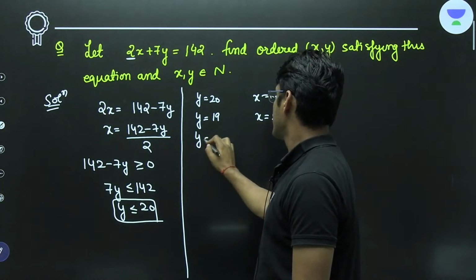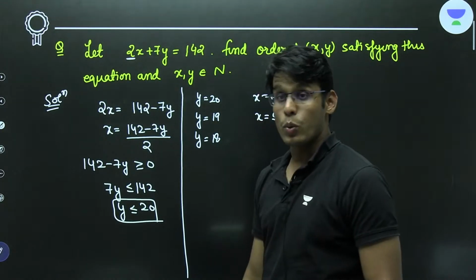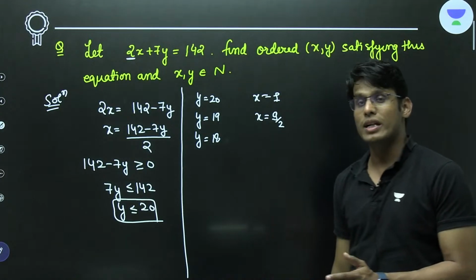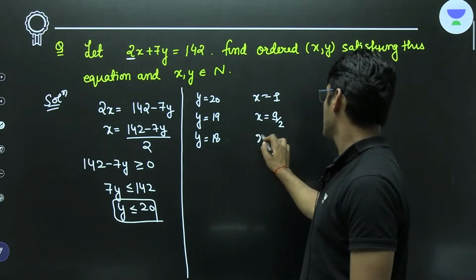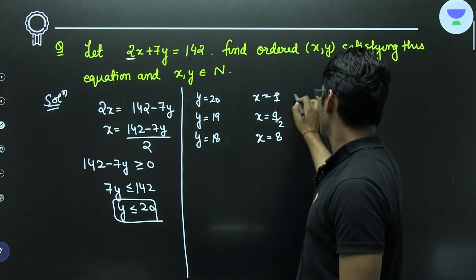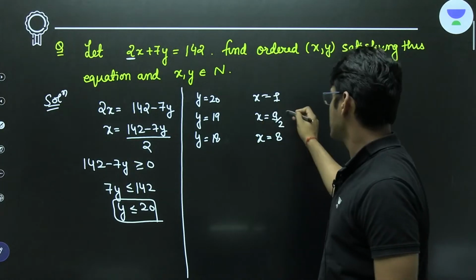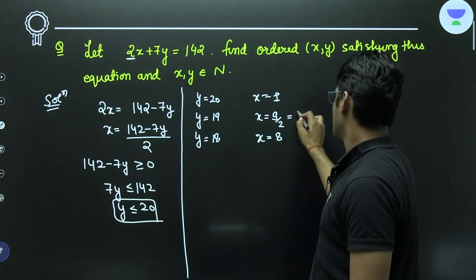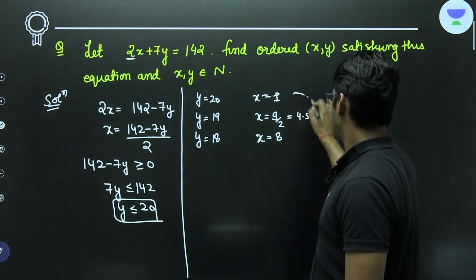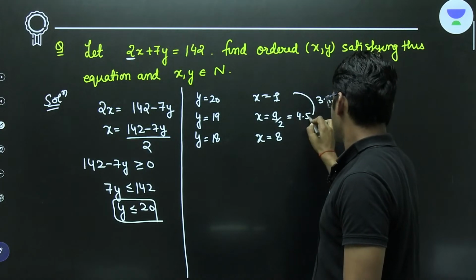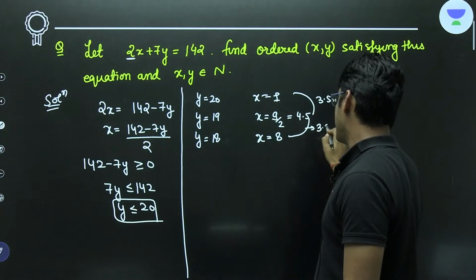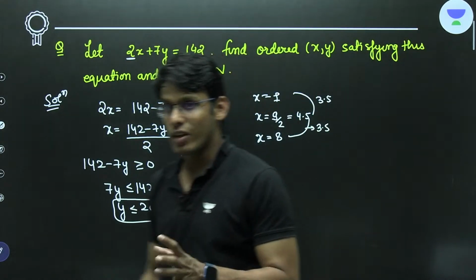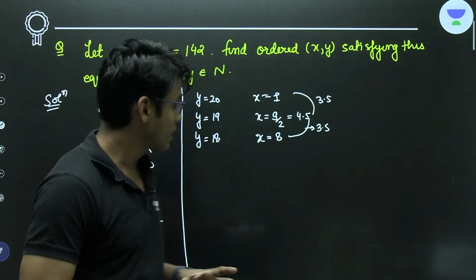Put y equals 18. 18 sevens are 126. 142 minus 126 is 16. So your x equals 8. Now let's represent these in decimal. This is 1, this is 4.5, and this is 8. The difference here is 3.5, the difference here is 3.5. This is very interesting. We are seeing a likely pattern here.